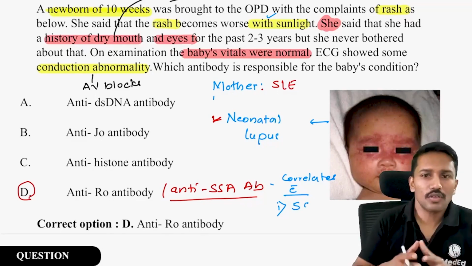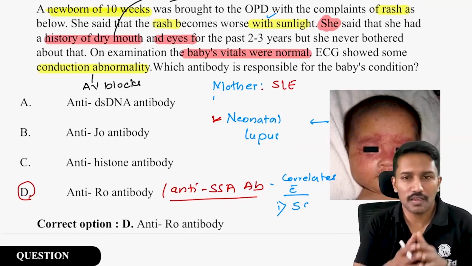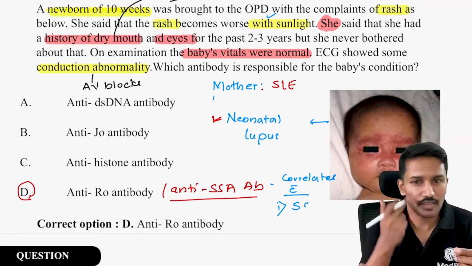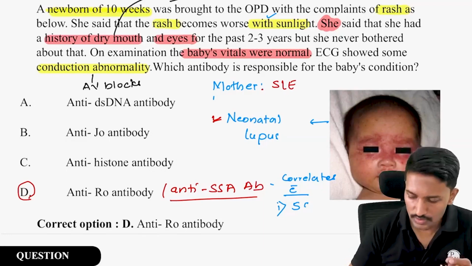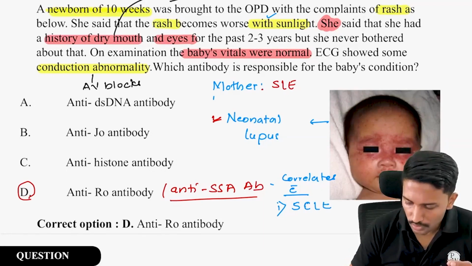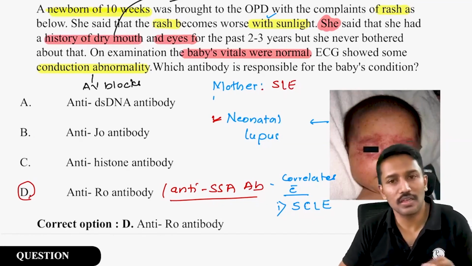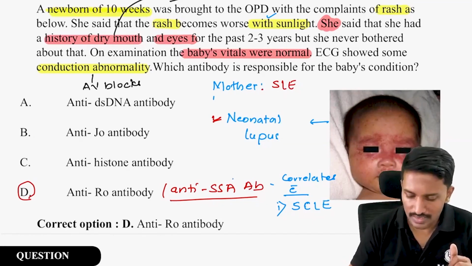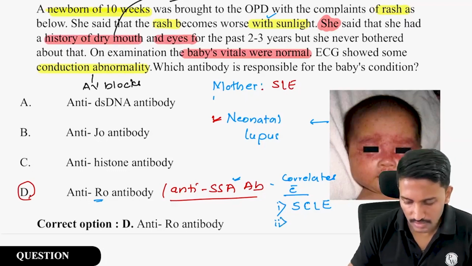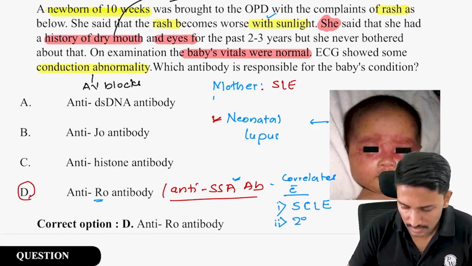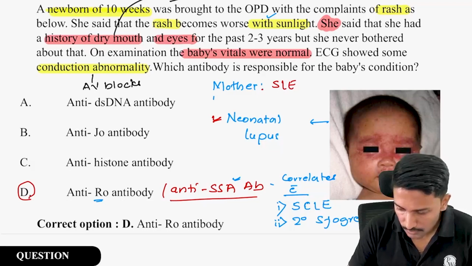When we talk about the dermatological manifestations of SLE, we categorize them into acute, which is classically your malar rash. Then you have subacute cutaneous lupus erythematosus, and the risk of subacute cutaneous lupus erythematosus correlates with the presence of this anti-SSA or anti-Ro antibody. Second thing it correlates with is the risk of developing secondary Sjogren's syndrome or Sicca syndrome. And third, it correlates with the risk of developing neonatal lupus.